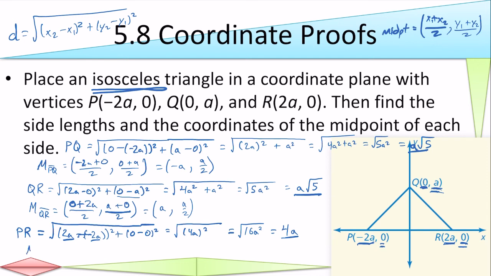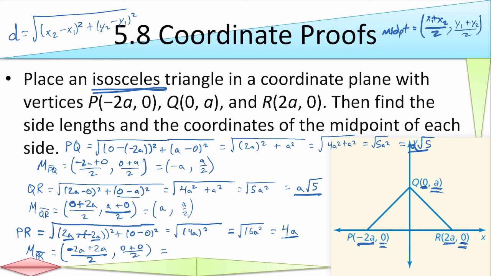And then the midpoint of PR. x1 is negative 2a, x2 is 2a, y1 is 0, y2 is 0. So the first one I have negative 2a plus 2a.